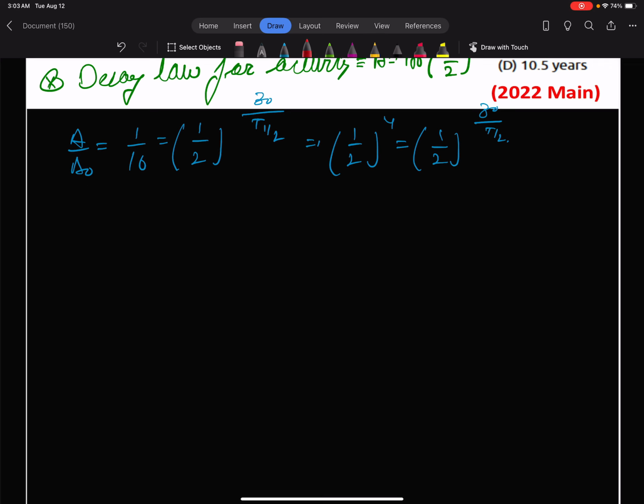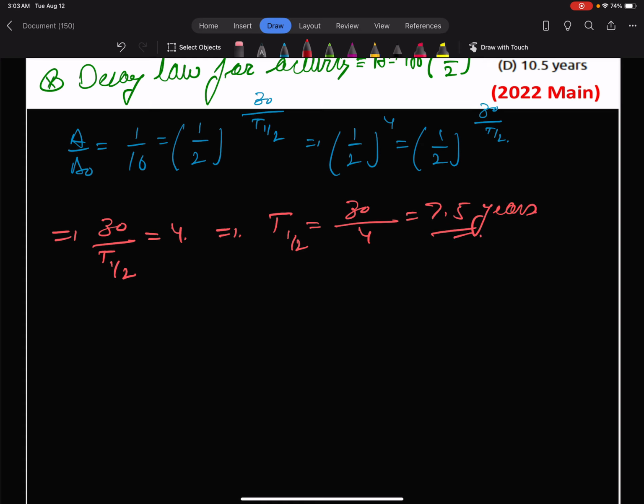Therefore, we can say that 30 upon T half is equal to 4, which gives us that T half is equal to 30 upon 4, which will be equal to 7.5 years.